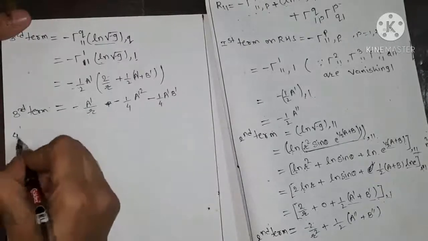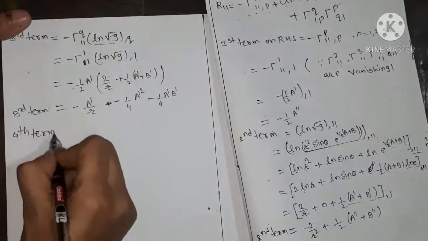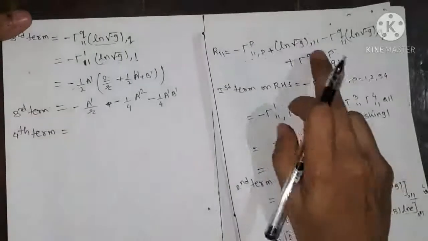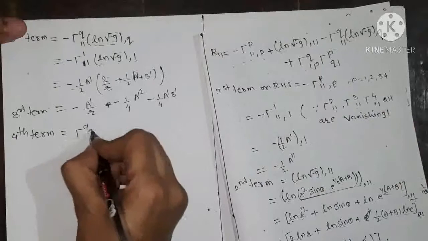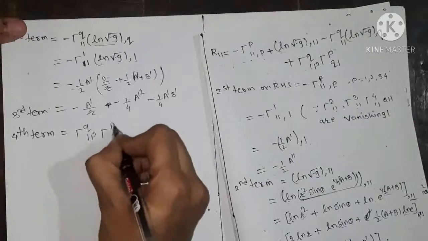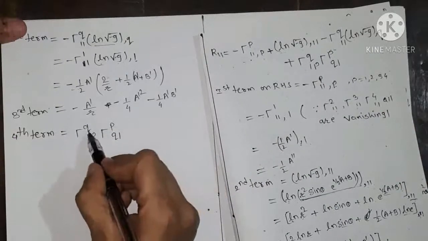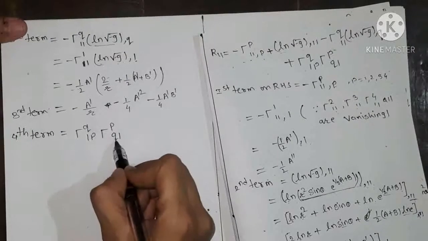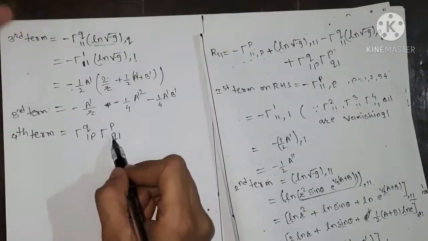Now the fourth term is gamma of q1p, gamma of pq1. Again here p is a dummy suffix, q is a dummy suffix, so we have to apply the summation rule.